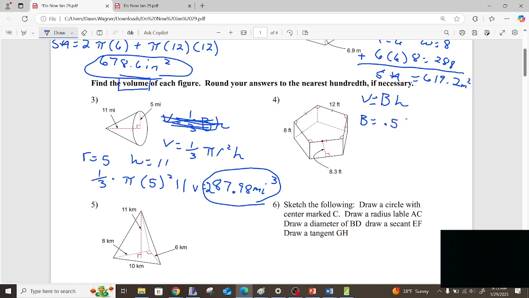That's 0.5 times, what's my apothem? 8.3 times perimeter. Perimeter is equal to 12 times 5, because I have 5 sides going around here. So 12 times 5 is 60.